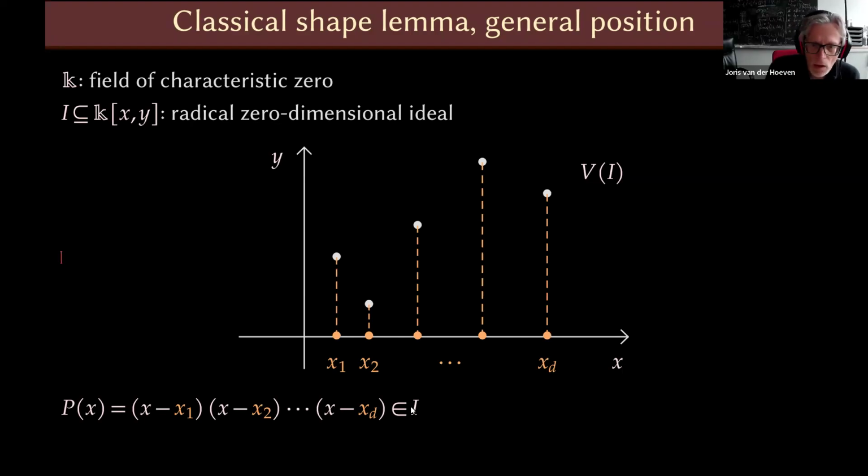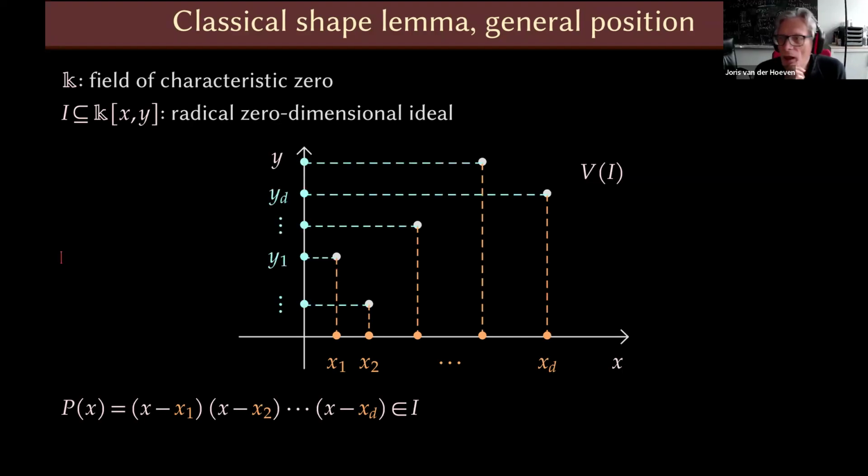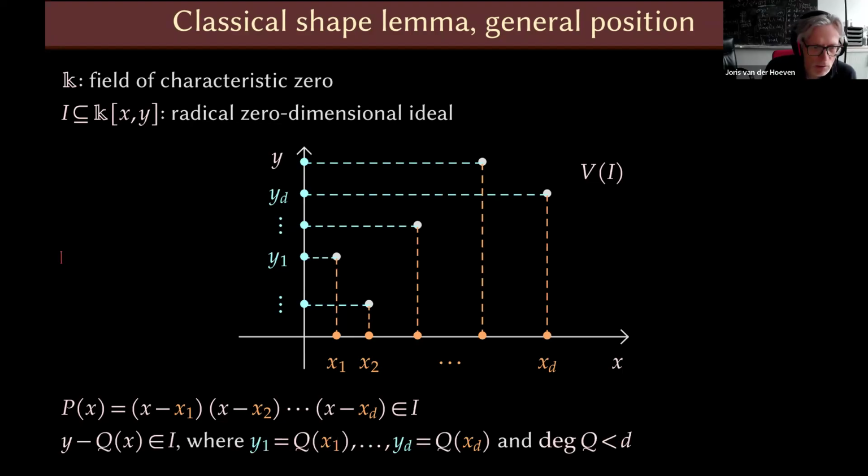And for every x coordinate, we also have a y coordinate. And we could just look at the interpolating polynomial of these points. So there's a unique polynomial q of degree smaller than the number of points, such that the images of the xi go to the yi.